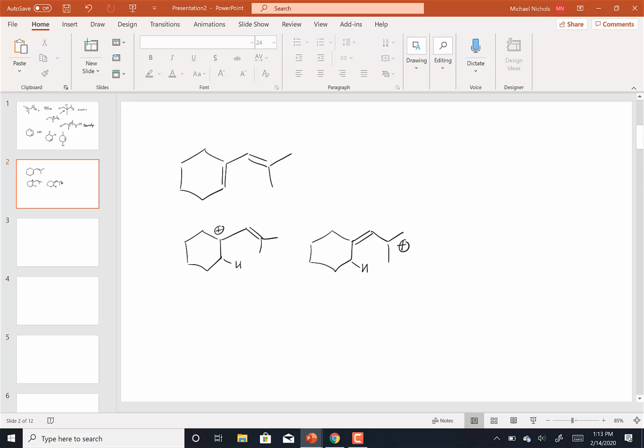So in this case, we would get 2 different products, but changing the reaction conditions would not change the percentages of the 2 products because they have the same carbocation intermediate. The double bonds also have the same number of carbons attached, so therefore they're tied.